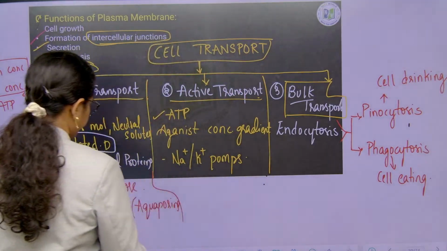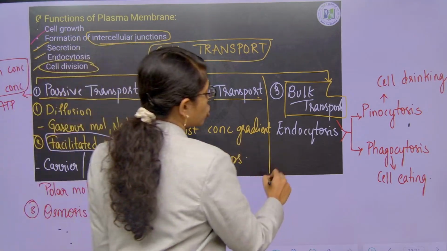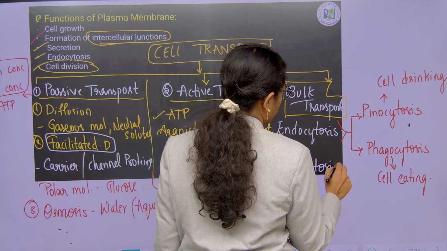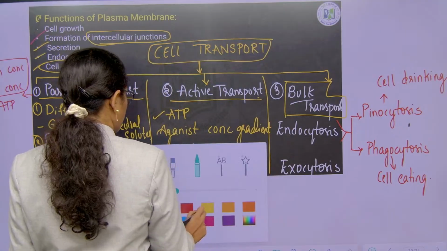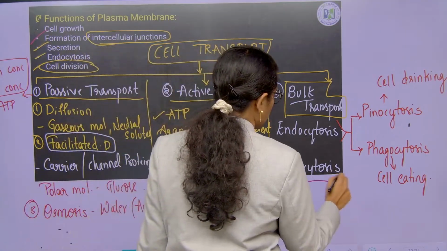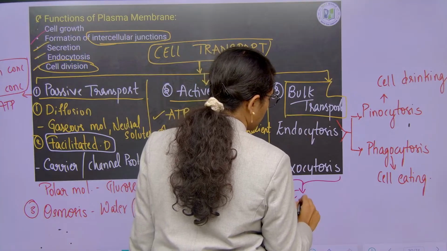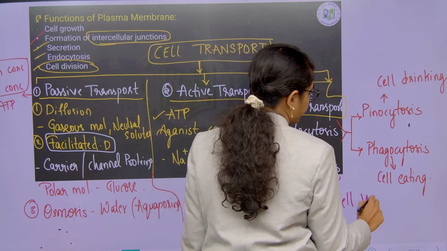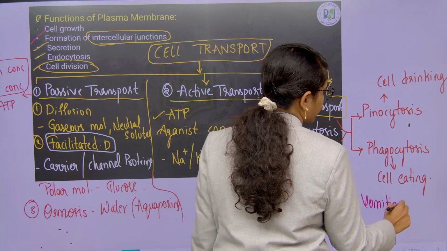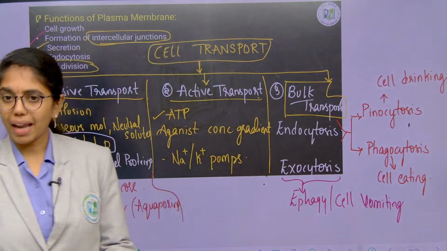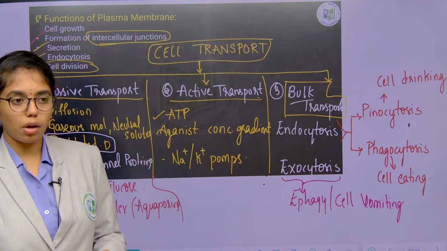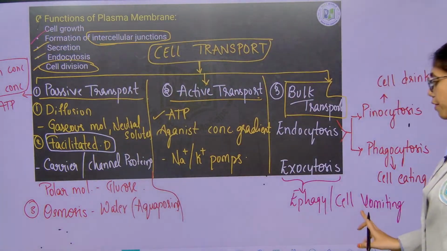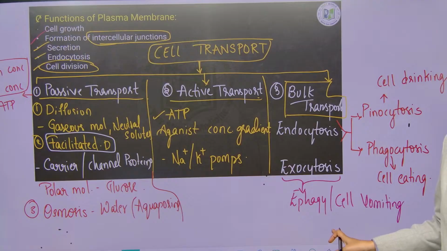And then exocytosis, also addressed as effagi or cell vomiting. Any molecules in bulk, if they are getting exited out of the cell, thrown away from the cell in a group, that is known as effagi or cell vomiting.